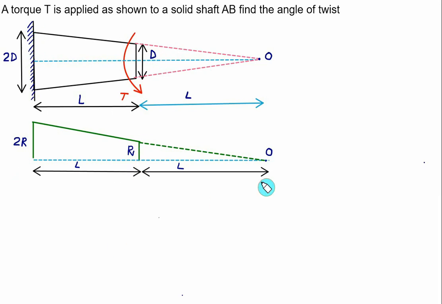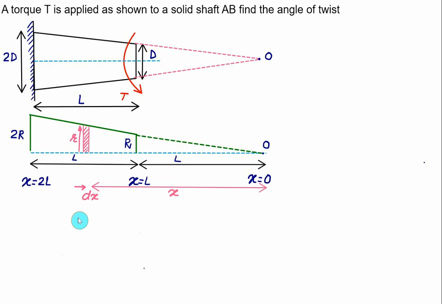So at this point we'll set our axis and consider one element, which has a valid range from L to 2L. Let's consider one element whose radius is equal to r, at a distance equal to x from the reference point, and let's say the length of this element is equal to dx.